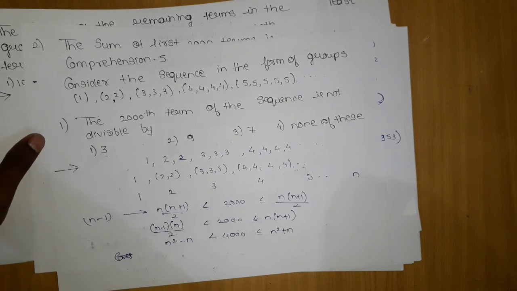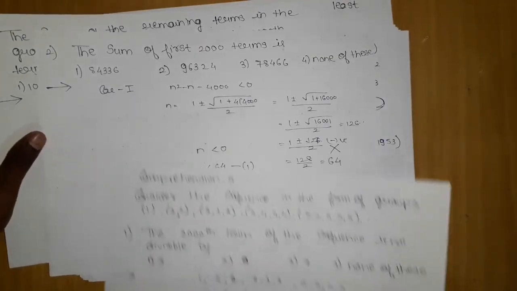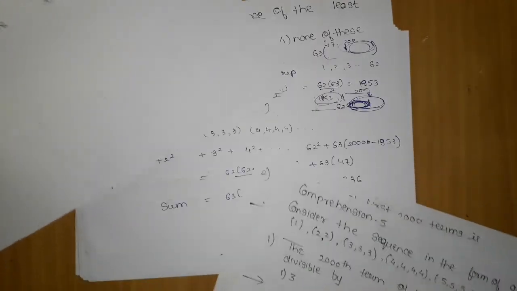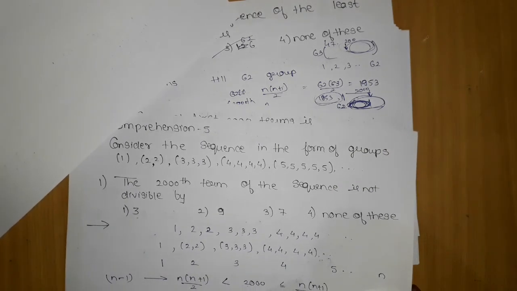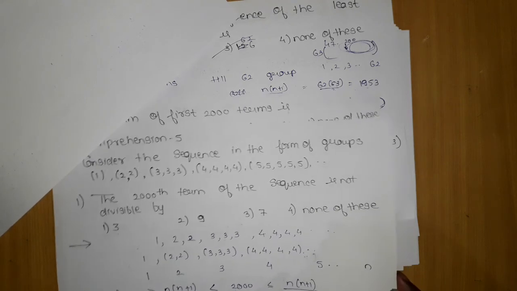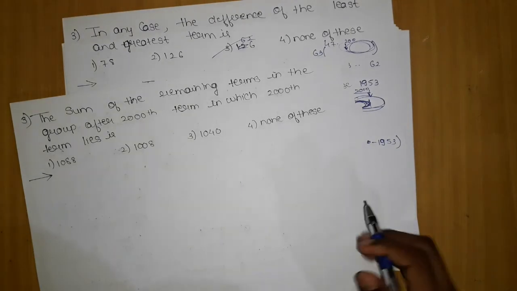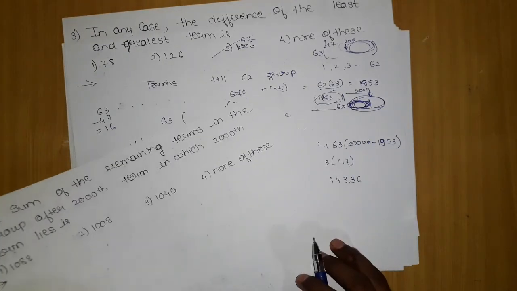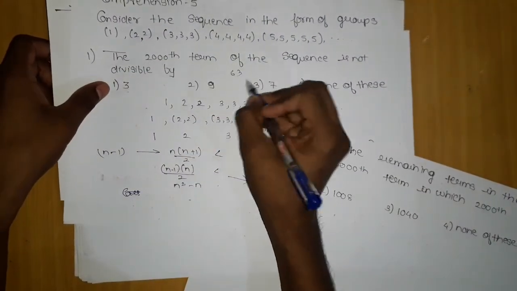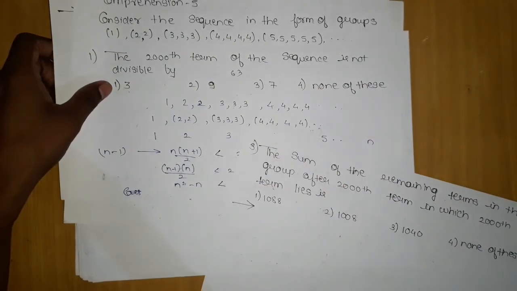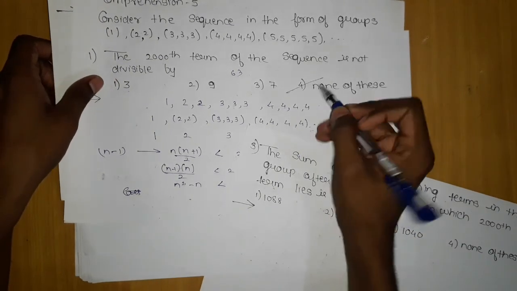The 20,000th term lies in the 63rd group, so the term is 63. Okay, so 63 is divisible by 3, 9 and 7 also. 7 times 9 is 63. So with not divisible, the fourth option is the answer.